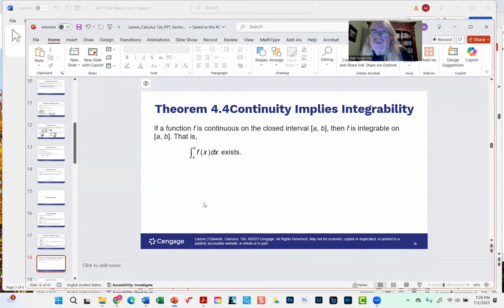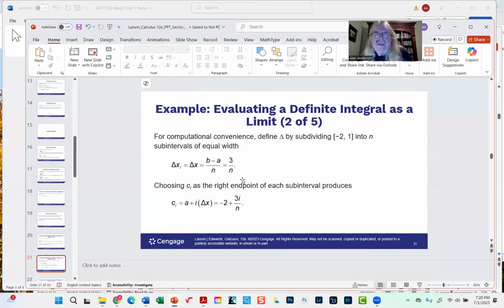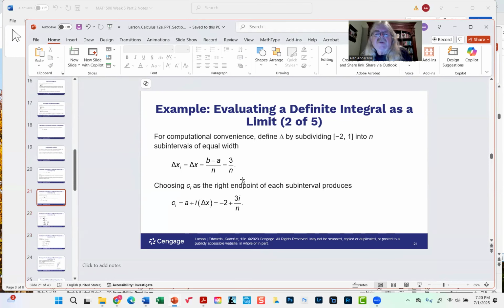All right. Now, of course, we're making assumptions like we always are. We're assuming that the function is continuous over that closed interval, which implies that we can find an integral over that same interval. In other words, being continuous implies that it is possible to find an integral. So they're following the same approach we had a couple of minutes ago.